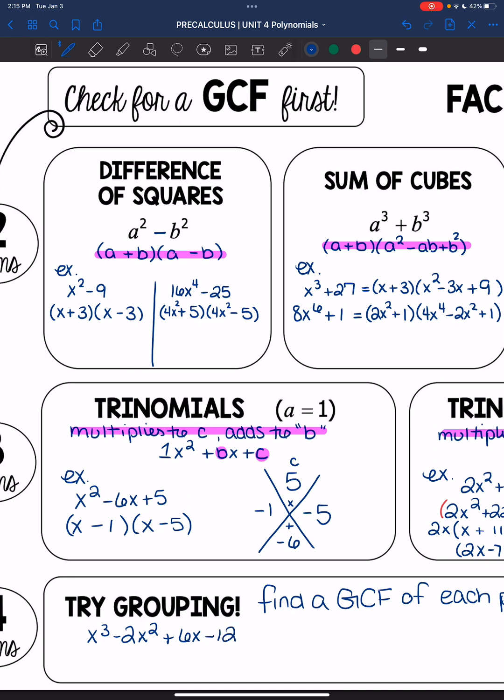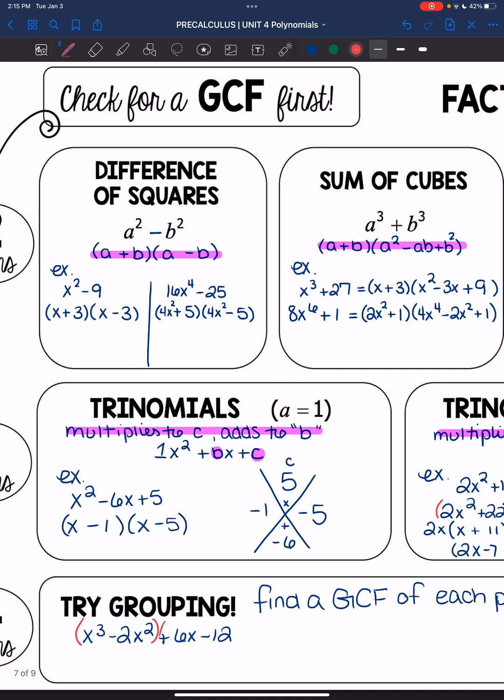So what you want to try and do here is go ahead and group up like we did in that previous problem. Look at this group, look at this group. All right, once they're grouped up, I think it's a little easier here. Look at that first group. What is the GCF? What could you factor out of x cubed and negative 2x squared? It looks like just an x.